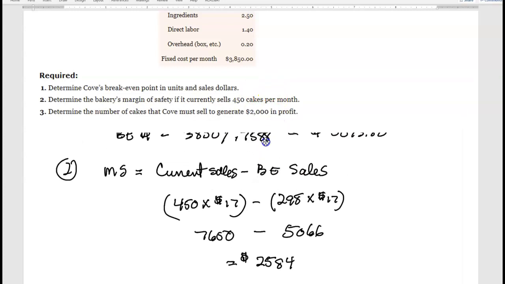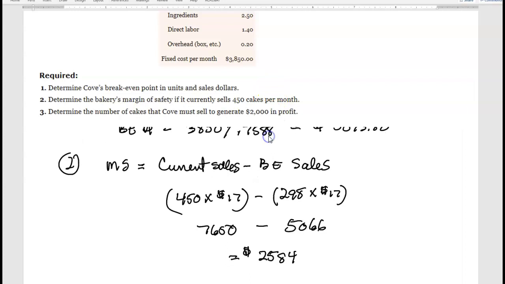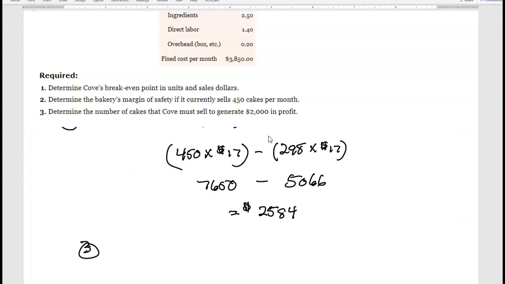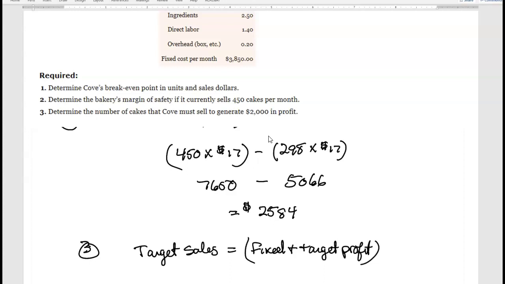All right, last one. The number of cakes they must sell to generate $2,000 in profit. Okay. Remember, target sales equals fixed plus target profit divided by the CM per unit, because we want to know how many cakes.